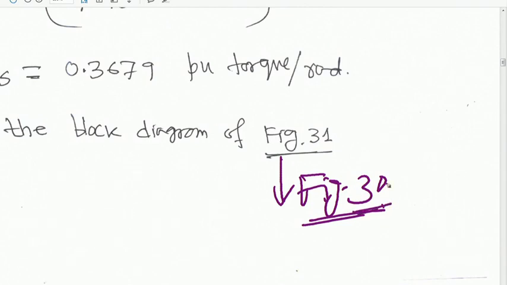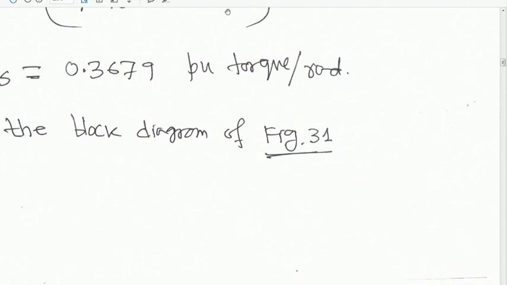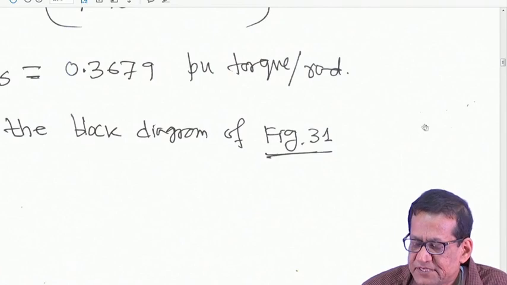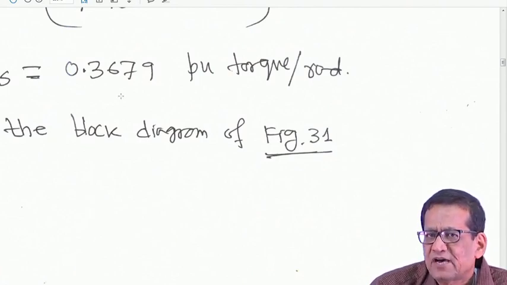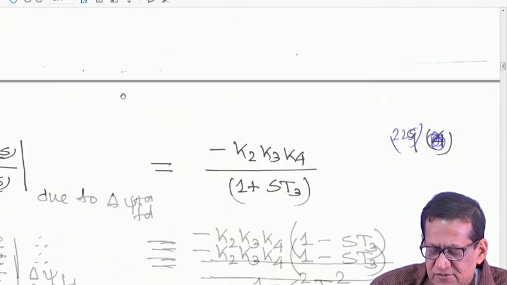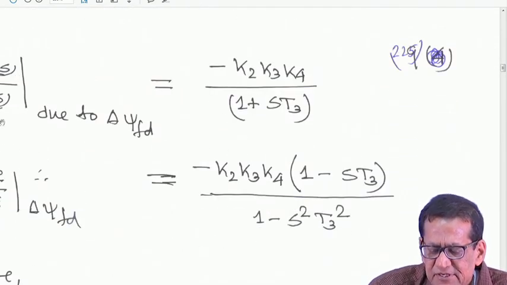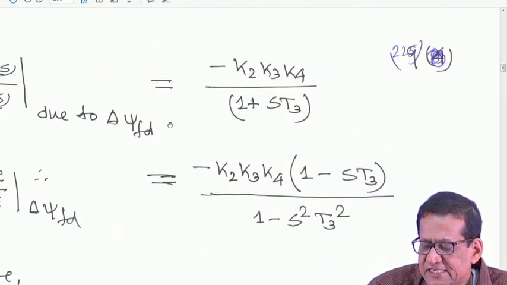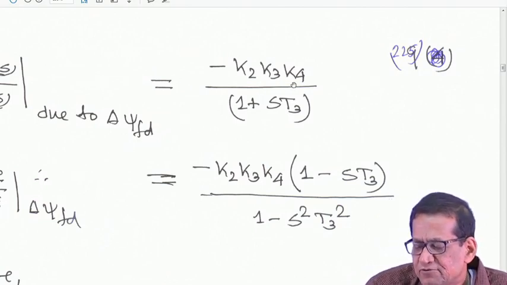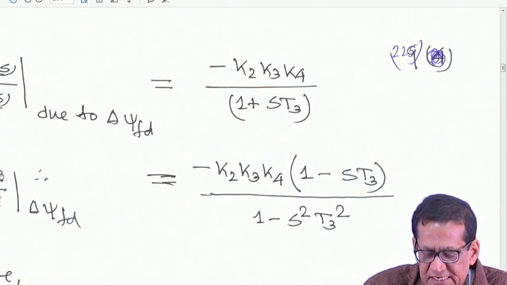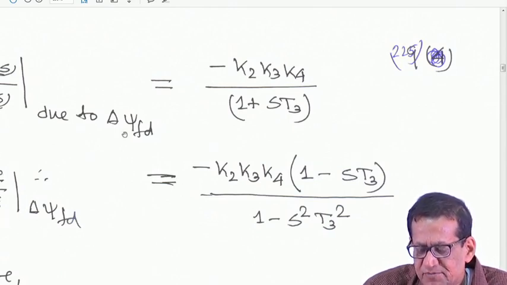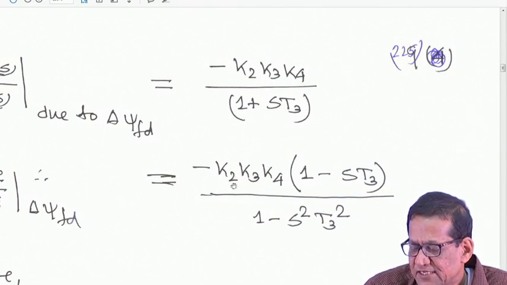Delta T s upon delta delta s due to delta psi f d, we know this, is minus k 2 k 3 k 4 upon 1 plus S T 3, right. Or delta T upon delta delta, just due to delta psi f d, we are writing minus k 2 k 3 k 4 upon 1 plus S T 3.